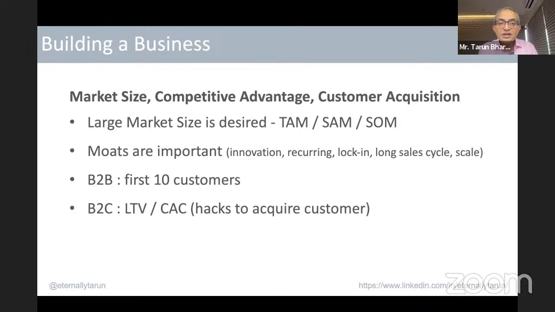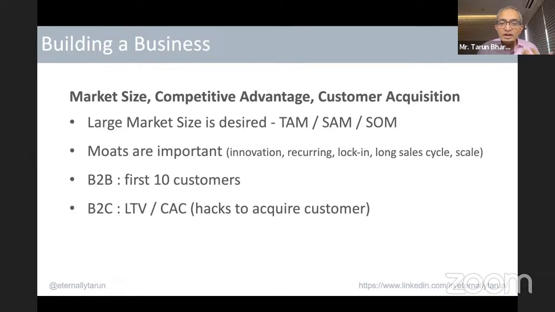As far as B2C is concerned, this is far more, what should I say, involved. It may cost a lot of money because today the marketplace is crowded, right? There are so many products and services. We have too little time. Why should I use X product versus a Y product, right?